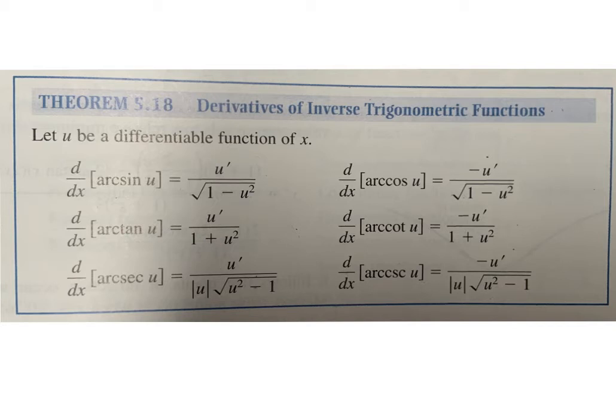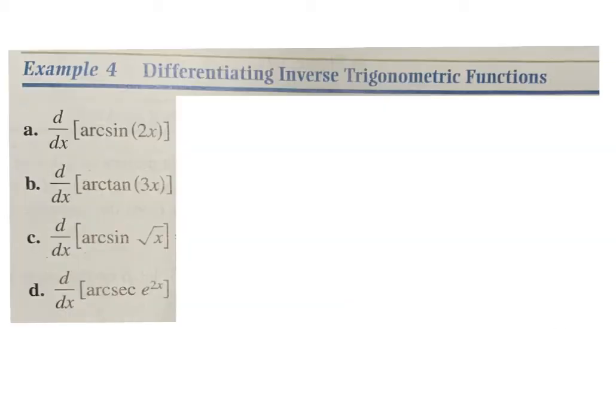And then the arcsecant and the arccosecant also go together: u prime over the absolute value of u times the square root of u squared minus 1, and the arccosecant is the same thing, just a negative. So they do pair up: sine and cosine, tangent and cotangent, secant and cosecant. But you do need to memorize these because it's not going to come naturally to know them. Let's look at how they're used.